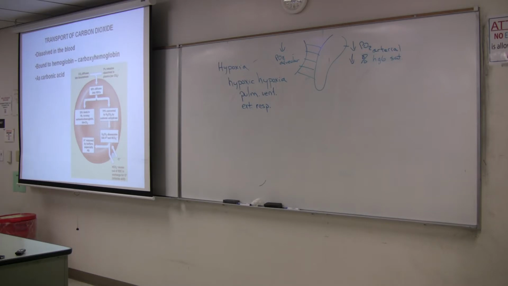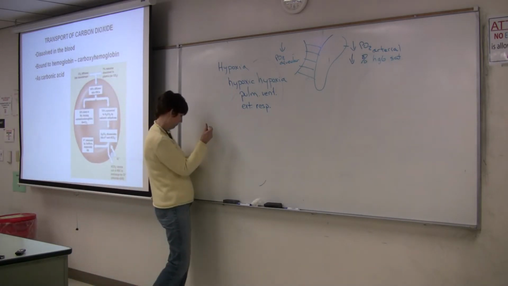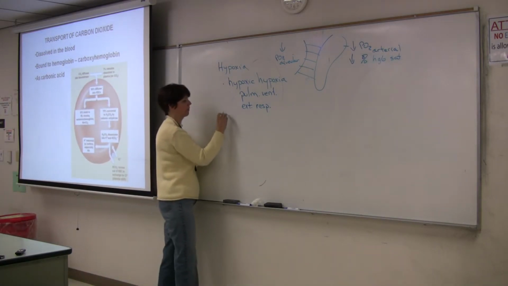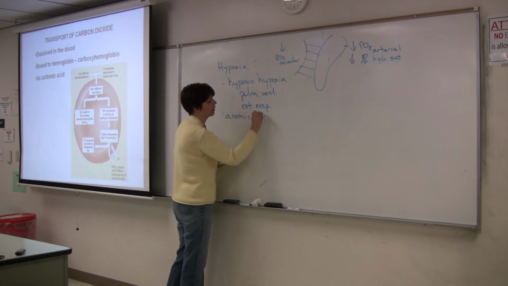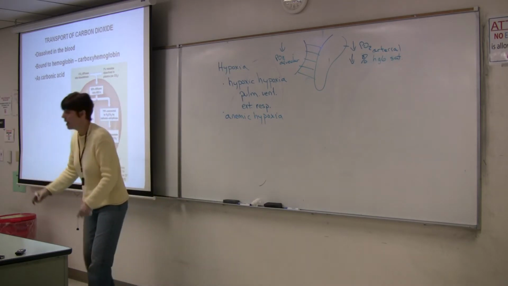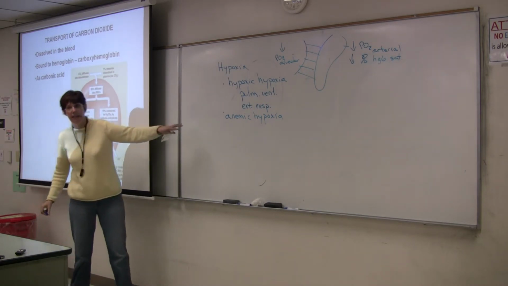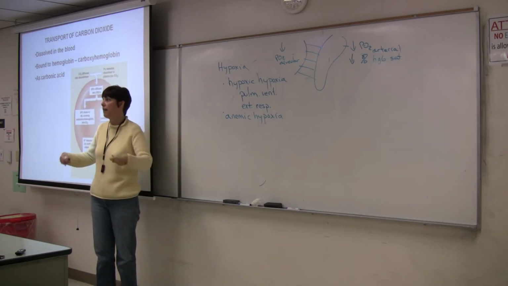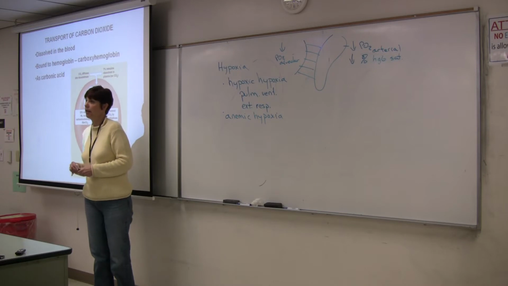Then we have anemic hypoxia. We've covered anemia already. So in both of these conditions, we have decreased amount of oxygen getting to the tissues. But with anemic hypoxia, that means we don't have enough hemoglobin or enough red blood cells to transport it.